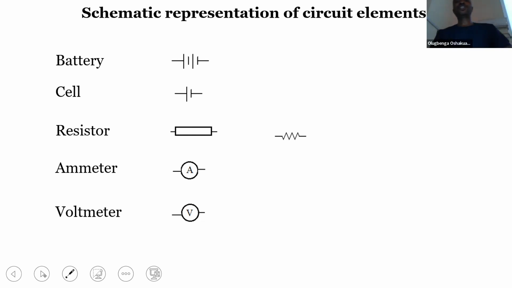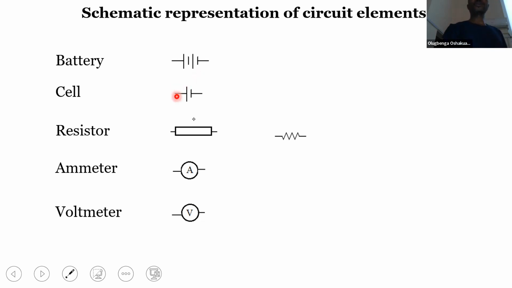And the battery, to draw a battery, you must have seen this. You represent a battery, a cell, resistors, ammeter, voltmeter, and other circuit elements. But I'm limiting to this for now, because like you saw in the last class, we showed the capacitor.